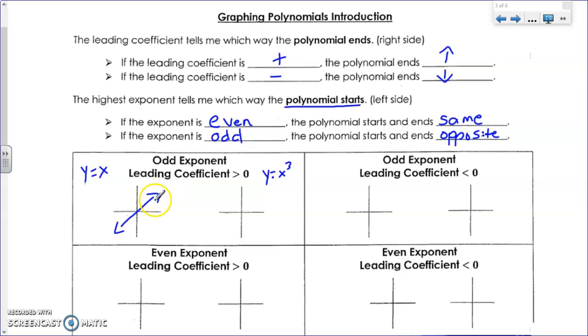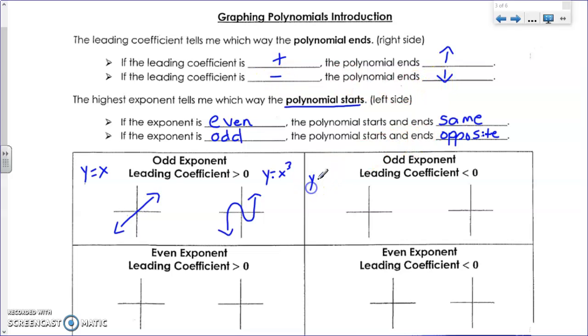Now the good news is you have your calculator that's going to help you verify these things. Okay, you also have Desmos. Again, x to the third. In case you don't remember, it looks something like that with 3 roots. So start down, end up. Does that make sense? Okay, if we have an odd exponent and the leading coefficient is negative, how is a negative coefficient going to end? Down.